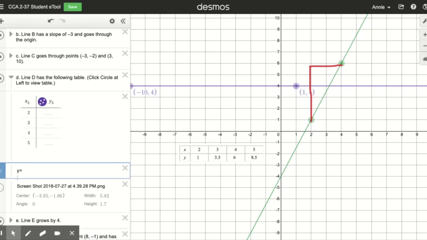Our run is 2 again. That is just by chance. Now, what is our starting point? Well, our starting point is whatever our y-intercept is. And then I can click on this spot and it'll tell me exactly -4. So instead of a plus, I'm going to write a -4. And then there is an equation for part D. Now you're going to try the other ones on your own.